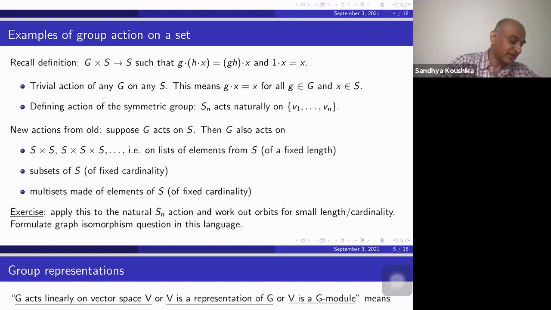For example, if I take the defining action of the symmetric group, and if I take this n element set, and if I consider the action on the twofold product, then what will be the orbits of that? Okay. So you should see that there are going to be two orbits over there, where the two elements are the same and when the two elements are distinct.